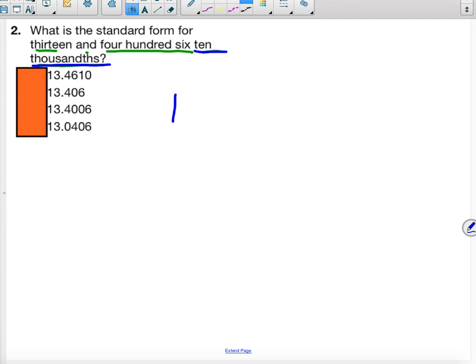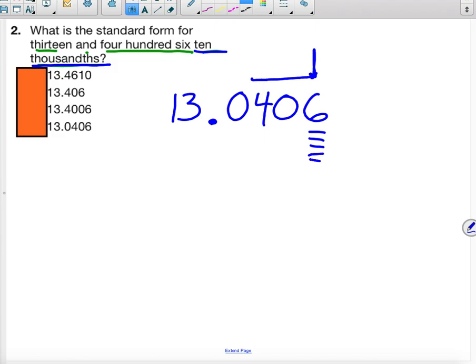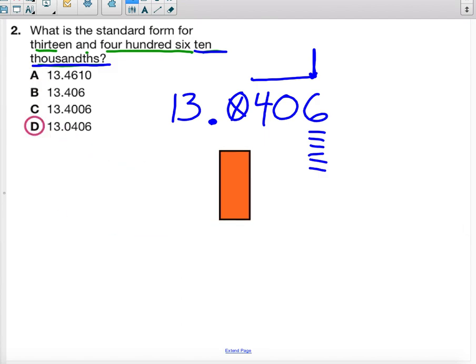So you would have 13, and, okay, 13 comes when you say the word and, 406 10,000. So the 406 ends in the 10,000s place. That's why you had to annex that 0. So your answer is D.